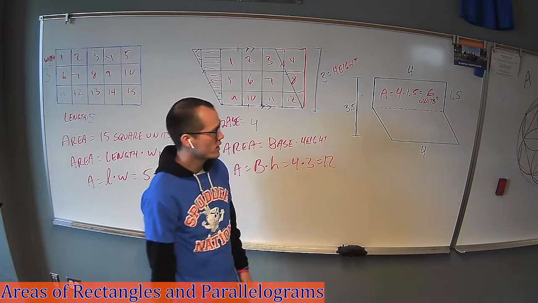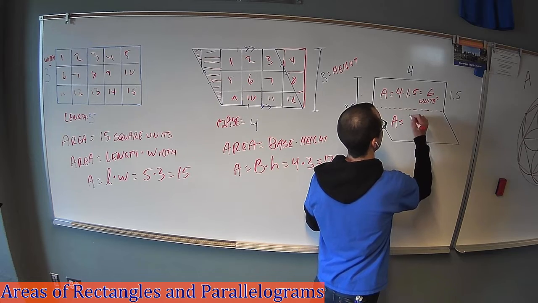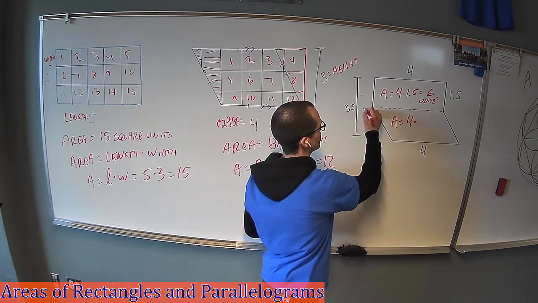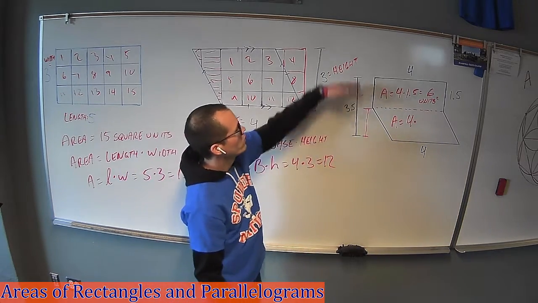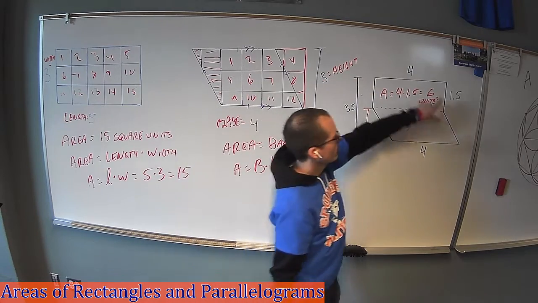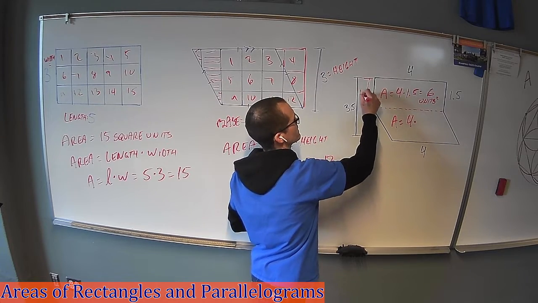Now for the bottom, we got to do a little bit of calculating. We know the base is 4, so the area is 4 times something, which that something is whatever this height is. We got to figure that out. Well, I know the whole, from top to bottom, the entire figure is 3.5. And I know that this rectangle has a height of 1.5 over here. So we can even insert that and say that this is 1.5.